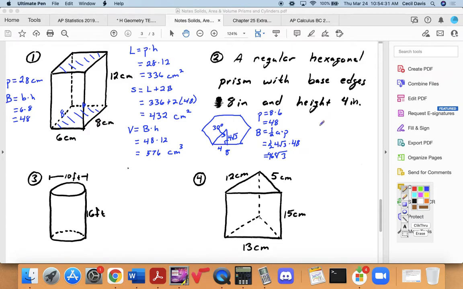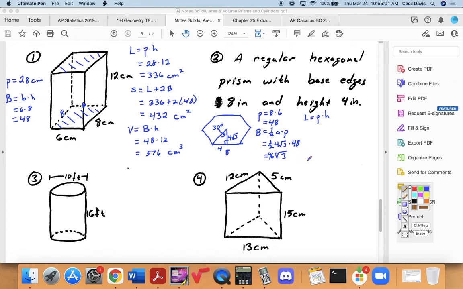Because it's literally like 24 times 4 times 3. All right, so then the lateral area, all the way around the base, times the height. A way to think about that is, if you were painting the room, right, you just paint the walls, right? Typically, if you're painting it a color, you have to go all the way around, right? And you have to go all the way from the bottom to the top.